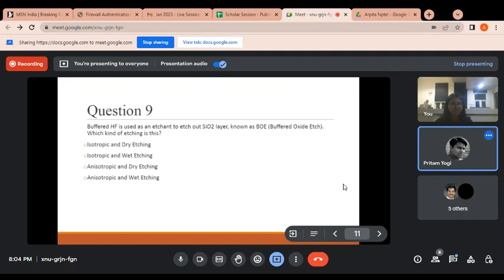Yes. So what is happening for the BOE? When BOE is applied for the etching of silicon dioxide, what is happening at that time? BHF is a chemical. We put the wafer in BHF to remove silicon oxide, like the native oxide created during the cleaning process.